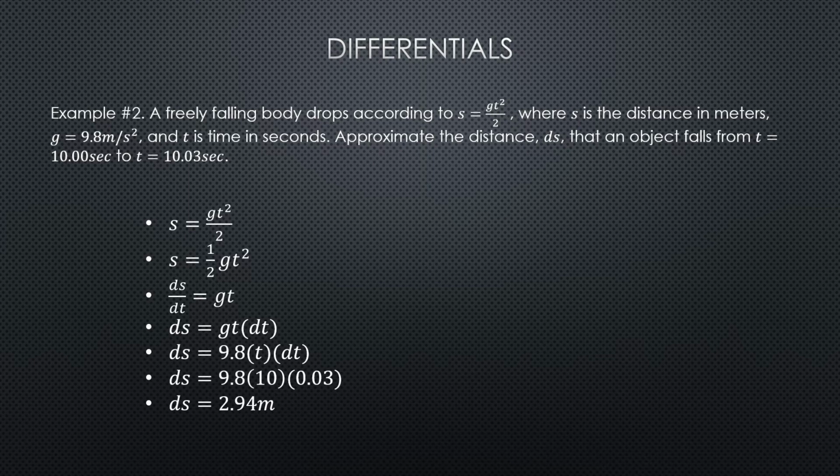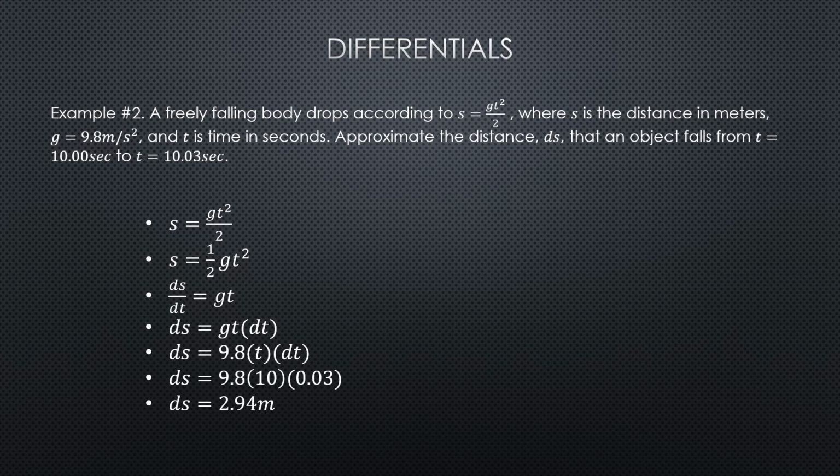So the 1/2 times the 2 is going to turn into 1. So we know that the derivative dS/dt is equal to g times t. So again, we're going to move the change of t over. So we've got dS, the change of distance, is equal to g times t times the change of time.